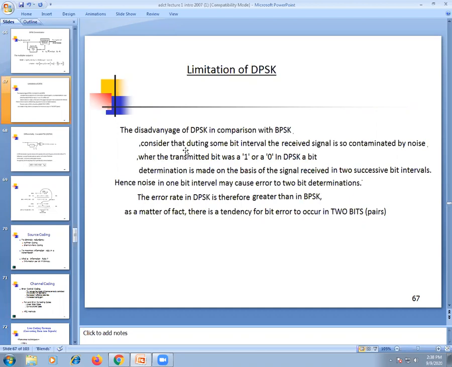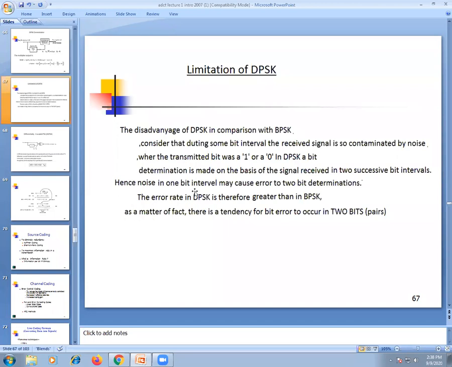Consider that during some bit interval, the received signal is contaminated by noise. Whether the transmitted bit was 1 or 0, in DPSK the determination is made on the basis of the signal received in two successive bit intervals.